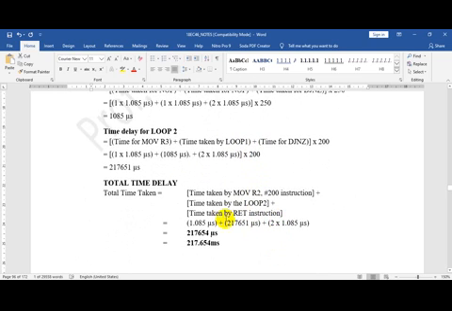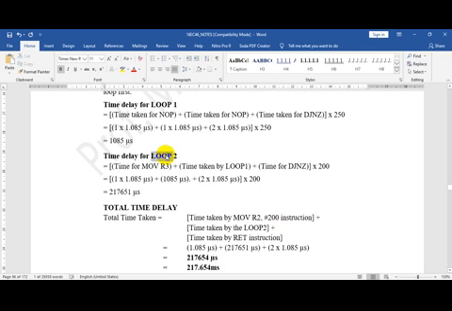Now remember here, I have not written the time taken by loop 1 while calculating the total. Why? Because while calculating the time delay for loop 2, I have already considered the time taken by loop 1. So the time taken by loop 1 is already coming in loop 2.